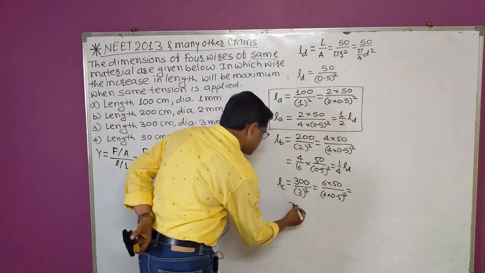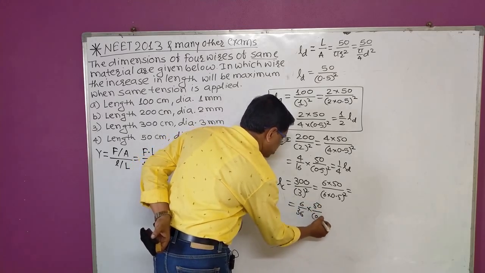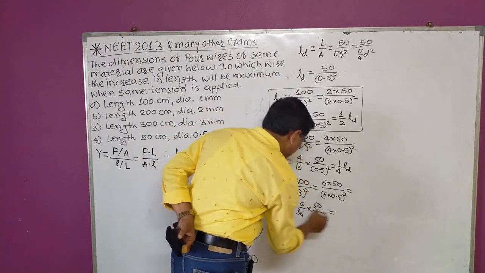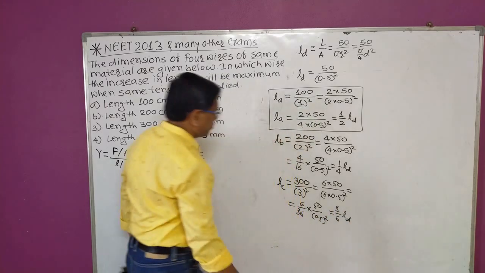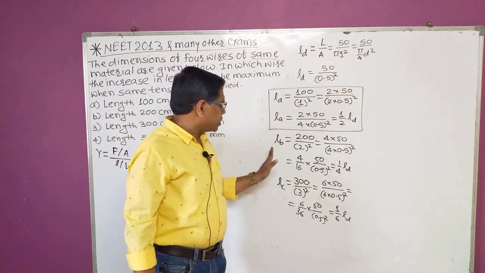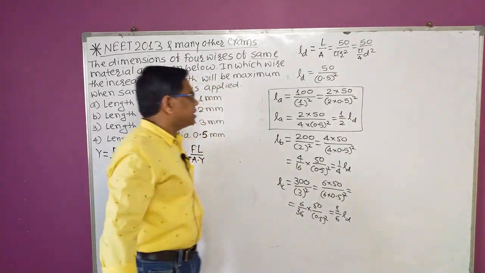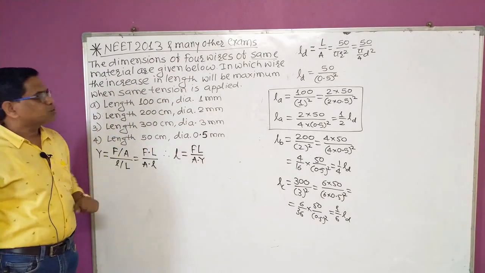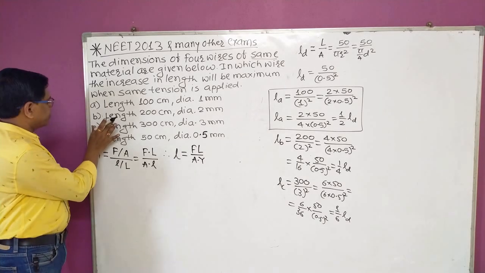So this is 6 upon 36 into 50 upon 0.5 square, but 50 upon 0.5 square is the elongation in D, and this 6 upon 36 is 1 by 6 into LD. What does this mean? The elongation in A is half of LD, the elongation in B is 1/4 of LD, and the elongation in C is 1 by 6th of LD. This means the elongation in the D wire, that is the fourth wire, should be maximum. So our answer is option D.